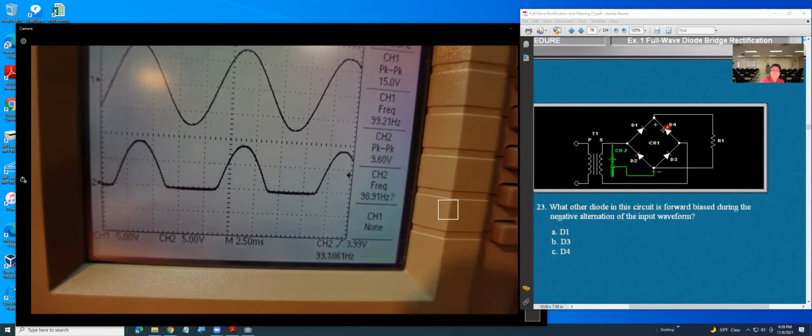Make sure you understand. For this bridge rectifier, for the positive input, D1 is on and D3 is on. For the negative input, D2 is on and D4 is on. Yeah, because with a bridge rectifier, you have to have two diodes working together, right.